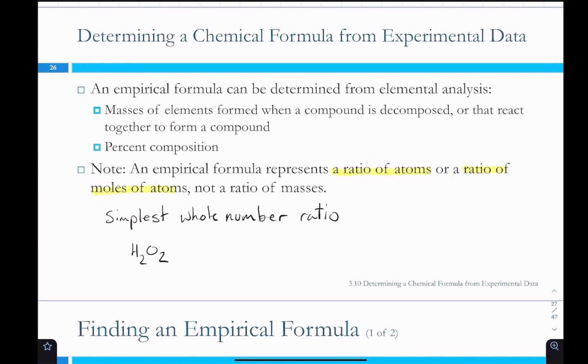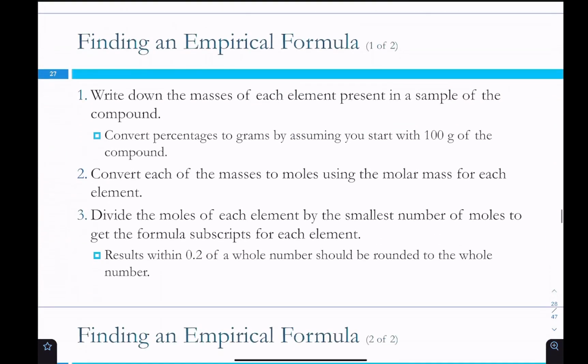The simplest ratio of those two elements would be 1 and 1, HO. So if you did this decomposition, your math, which we'll talk about how to do, would come out to 1 oxygen and 1 hydrogen, when in reality, it's going to be 2 of each. And we'll talk about how you can get from the empirical formula to the molecular formula too.